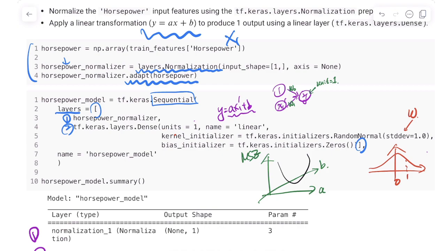Basically the first layer means that we have an input, which is x, and we add a normalizer on it. After that, it produces x1 prime, which is the normalized, scaled x1.